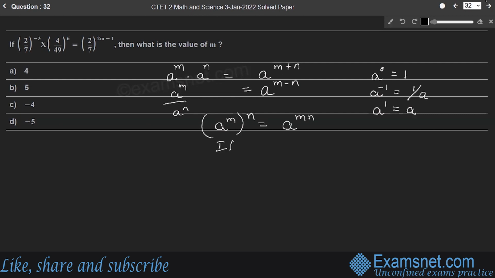And lastly, if a^m is equal to a^n, then m is equal to n.